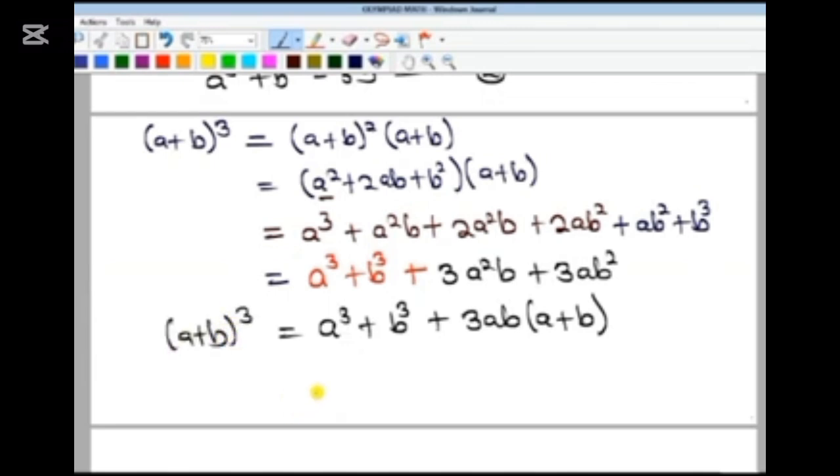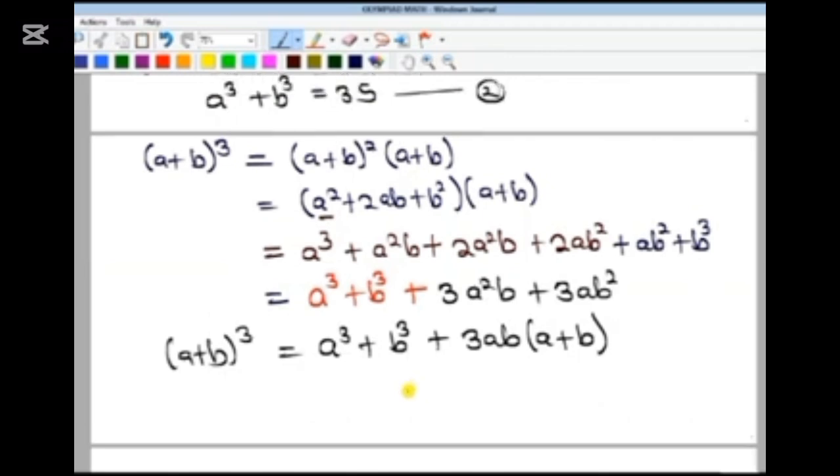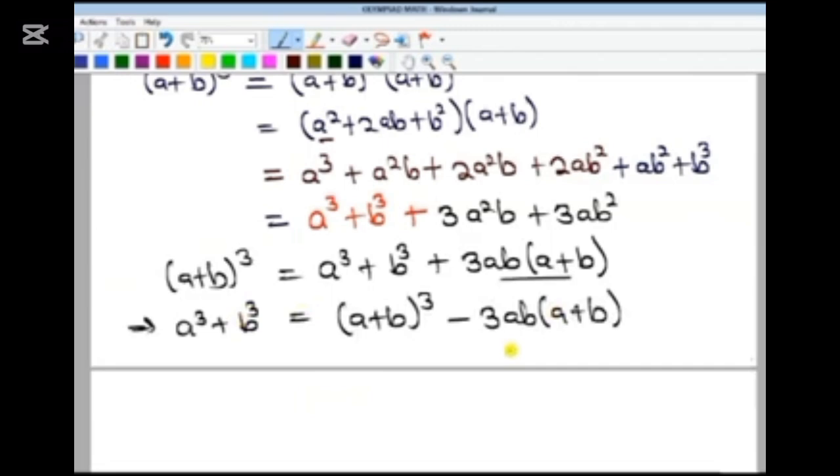Now if you look at our equation 3, we can choose to make a cube plus b cube the subject, and if we do that, we'll now have a cube plus b cube is now equal to this, the value of my a cube plus b cube.